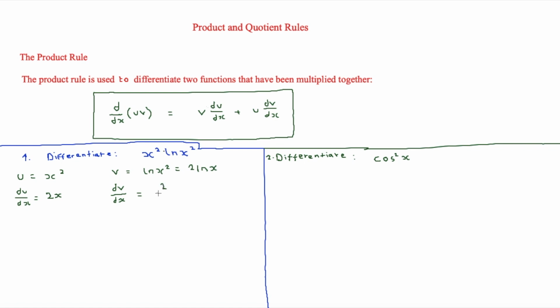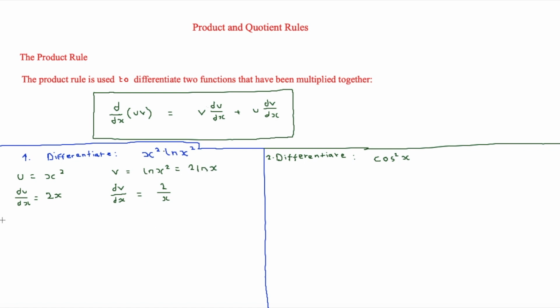And that is because ln x differentiates to give 1 over x, as we saw in the last video. But this is always the form that you want to put it in, and it's a lot easier to work once you put it in this form. And we'll use this form for the quotient rule as well. So therefore, we have to put it back into this formula, v du over dx plus u dv over dx. So we'll start with finding what v is, and v is going to be equal to 2 ln x.